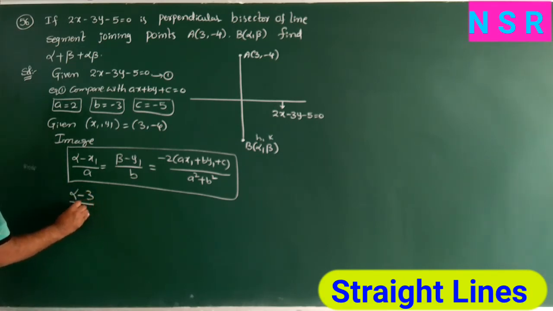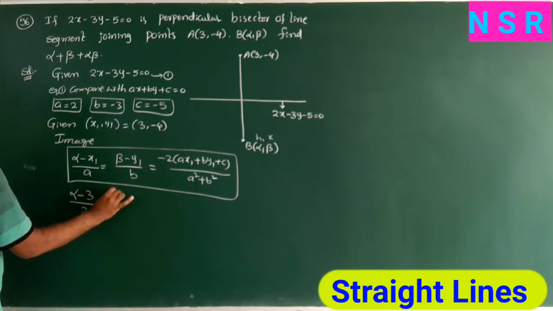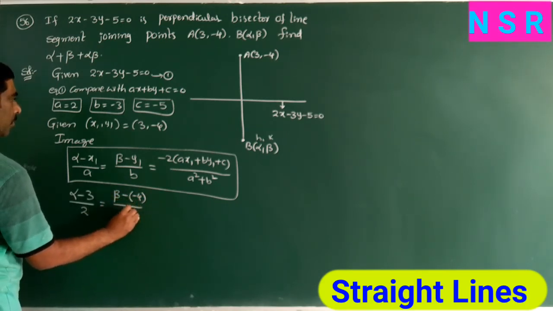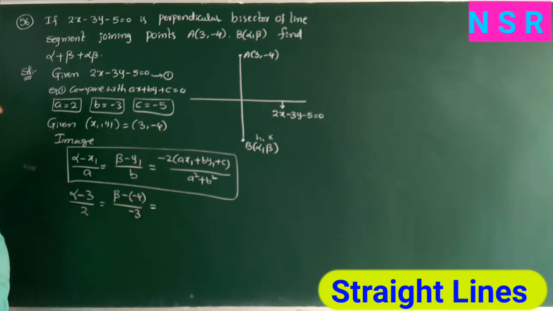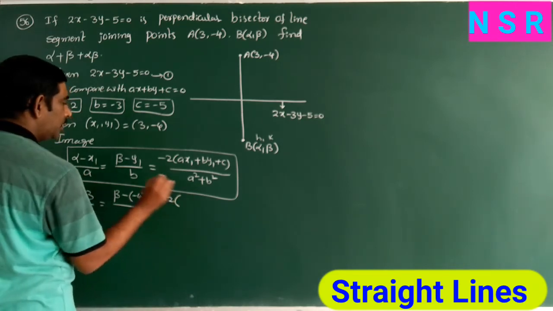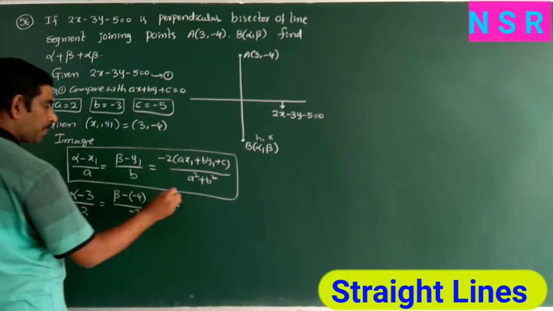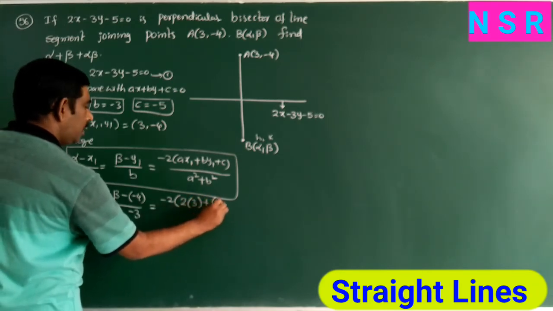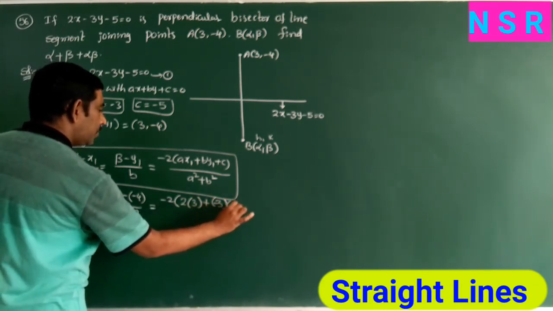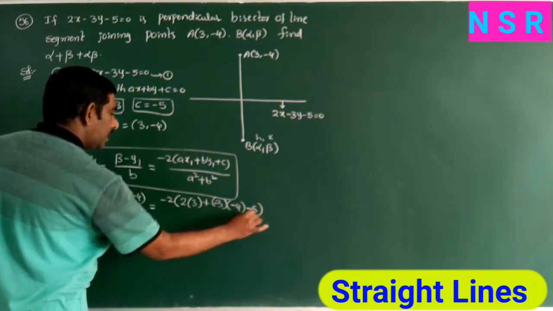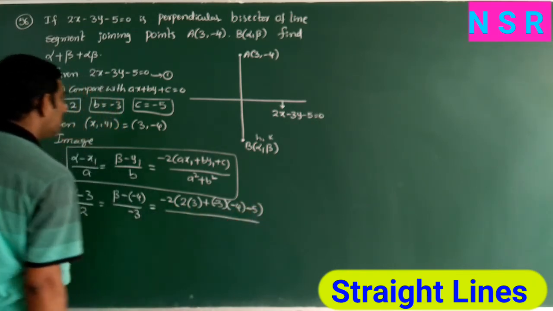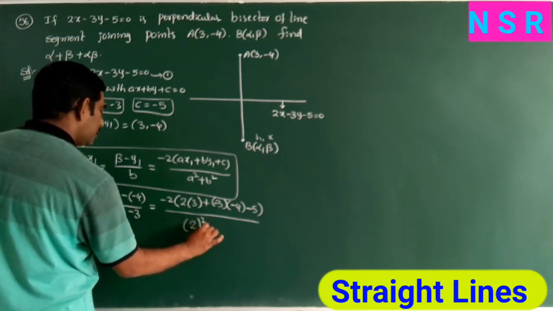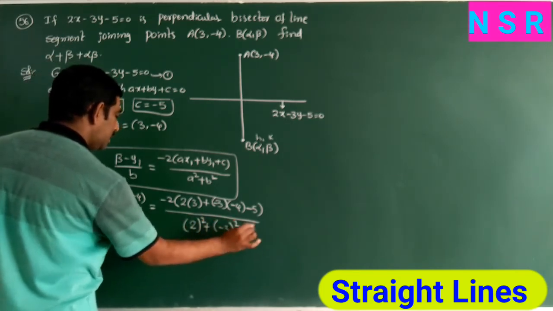Now substitute the values. Alpha minus 3 by 2, next beta minus of minus 4 by minus 3, equal to minus 2 into ax1, so 2 into 3, plus by1, minus 3 into minus 4, and minus 5, by a square plus b square, 2 square plus minus 3 square.